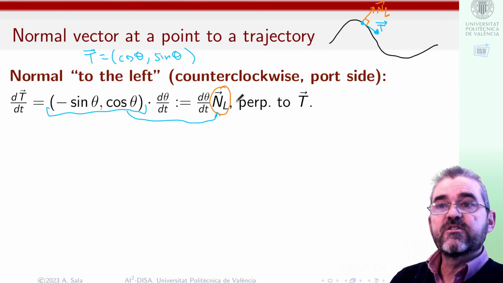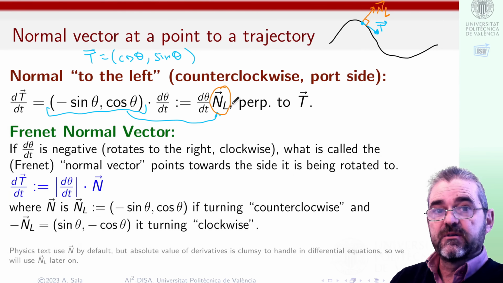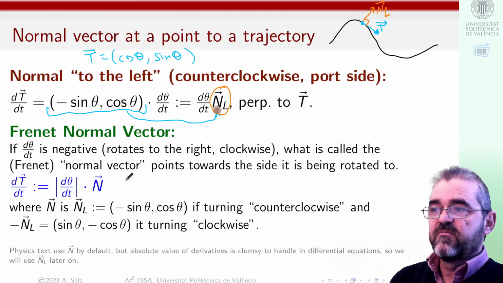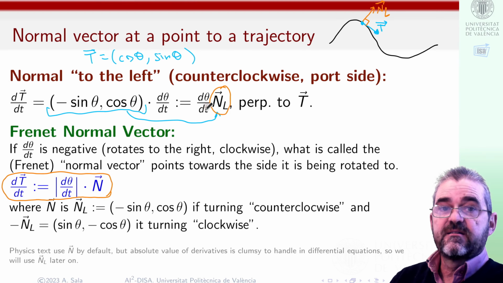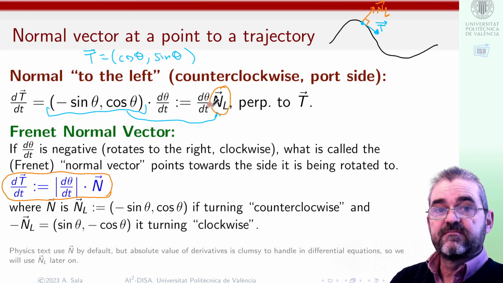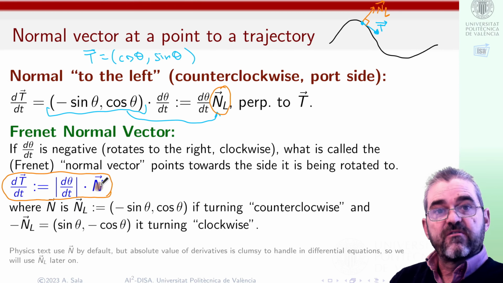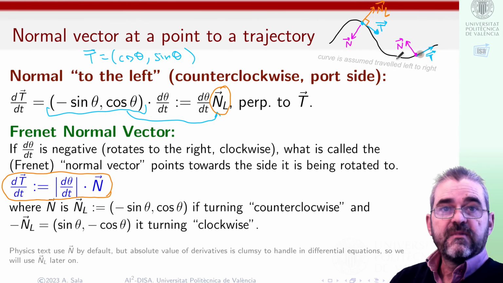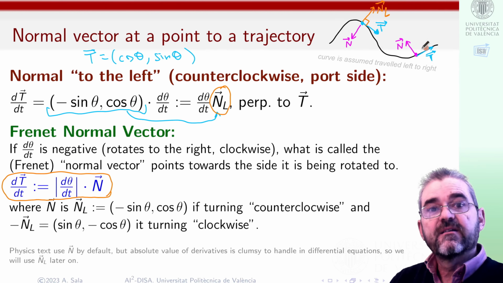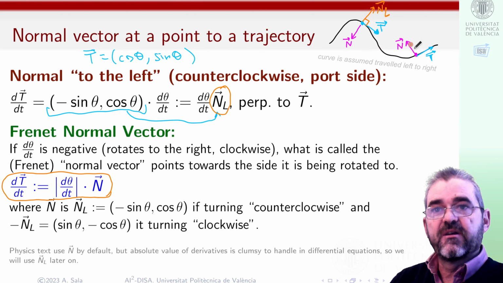But in differential geometry, what is usually called the Frenet normal vector verifies this thing. Instead of taking the time derivative of theta, which can be positive or negative, the usual definition of the normal vector will be when the trajectory is turning clockwise. The normal vector will be defined to be orthogonal in clockwise rotation with respect to the tangent, and in here, in which the trajectory is rotating in anti-clockwise direction, then the normal is the one in anti-clockwise.